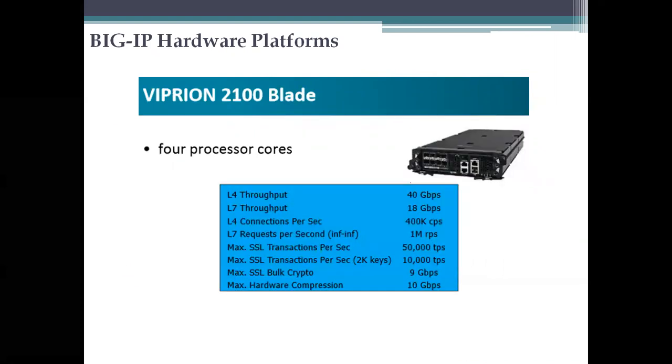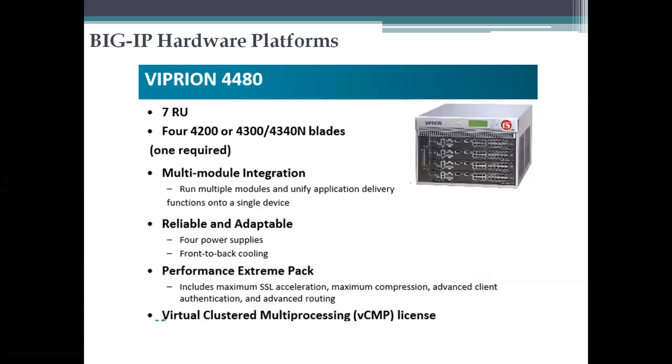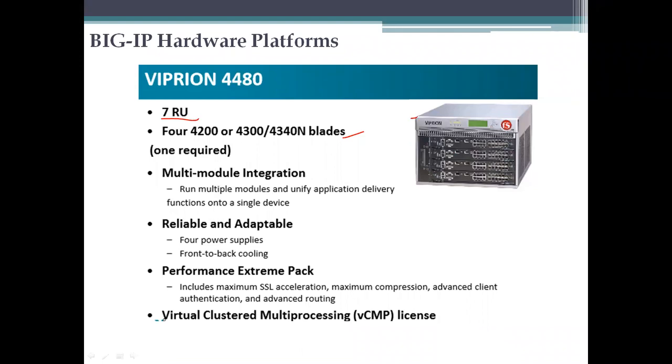F5 is also available in blades. You can replace or change the blade. See, this particular hardware is a 7RU, so it requires 7 units of the rack. A rack has 42U, and in that, this hardware will take 7U.